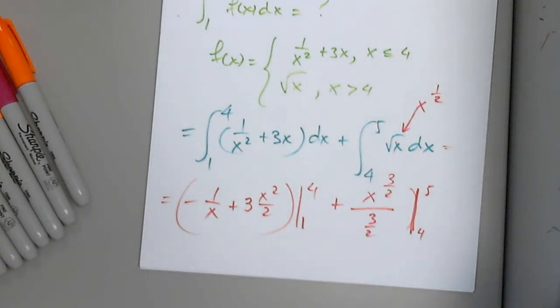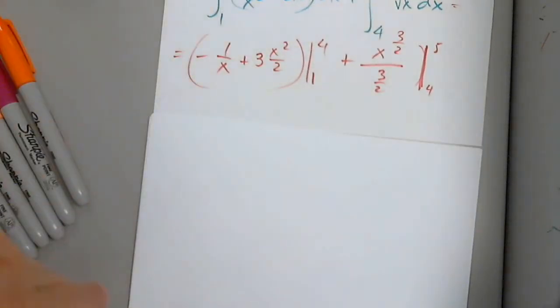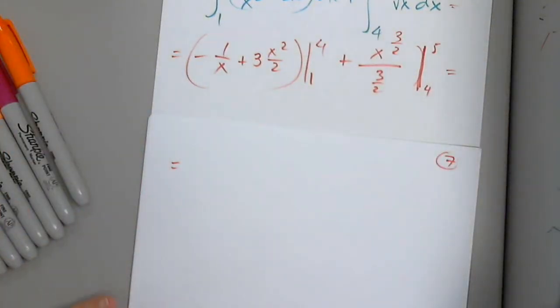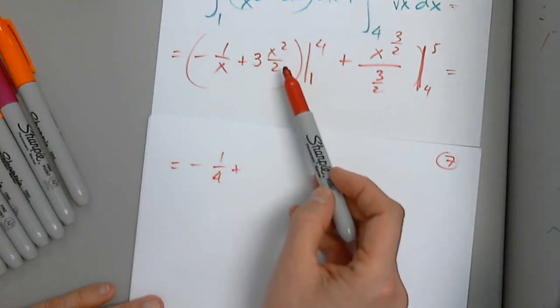I'm fine if you already know this and do this in your head and you flip 2/3 and so forth. You don't have to do what I do. Use your own method and I'm happy. Whatever works. So then we know that we have to plug in 4. Minus 1/4 plus 16/2, which is 8.